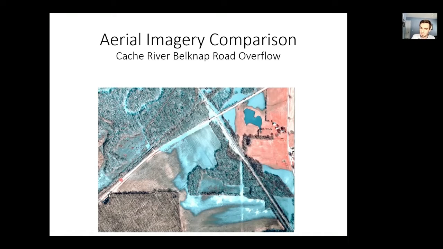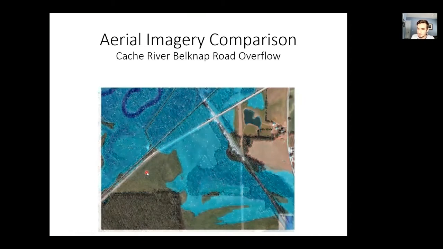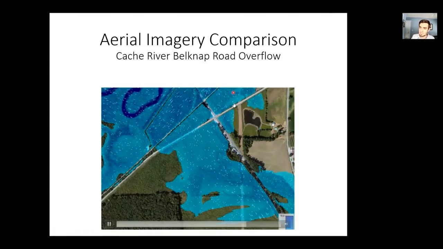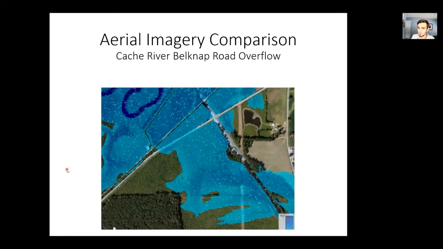We've got Belknap Road here, we've got the Cache River up here, and the actual bridge for Belknap Road is a little bit further to the southwest. So this is all completely uncontrolled overflow over Belknap Road here. And so when we fade in our 2D model results, what we're seeing at this location is our model is showing us the exact same thing. We've got uncontrolled overflow over Belknap Road here, and the overall inundation extents compare very similar to the flood aerial imagery.